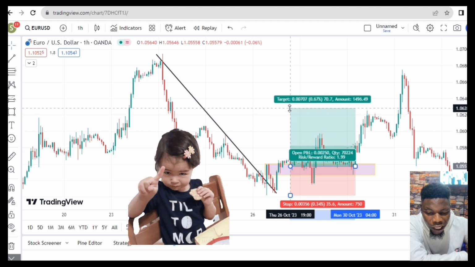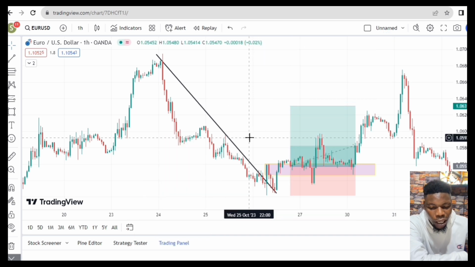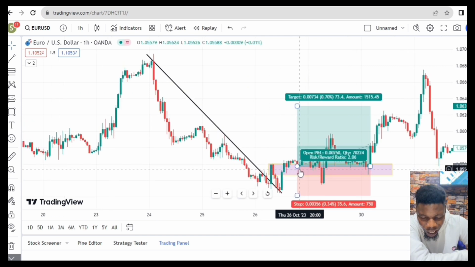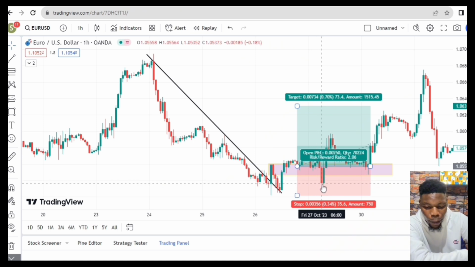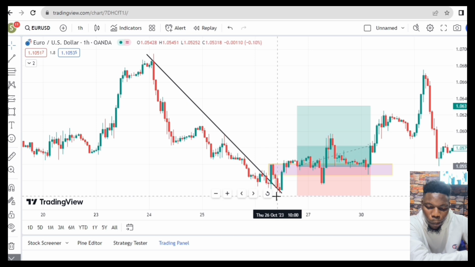Don't be greedy. So yeah, 1:2. Then the market came. Mind you guys, I want you to pay close attention here. You can see that the market tapped our supply zone and went up, but it still came back to take some early buyers, because the market makers really know that some smart traders might be trading this, but they might not be smart enough to put their stop loss at the last low, because this is a protected low.